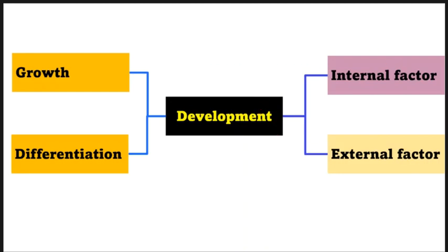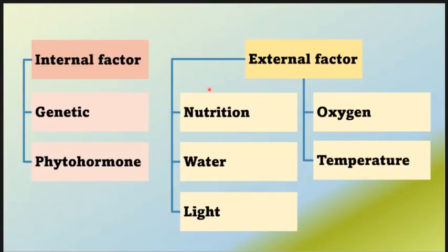So there are two types of factors which influence it, internal factors and external factors. Genetic factors and phytohormonal factors play a very important role in plants' growth and development, whereas nutrition, water and light, oxygen and temperature act as external factors in the plant's growth.